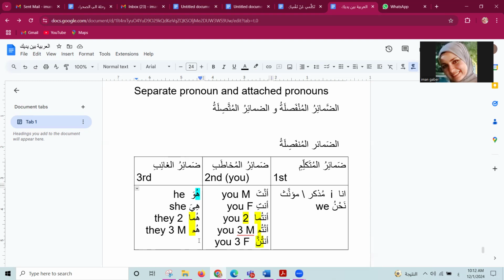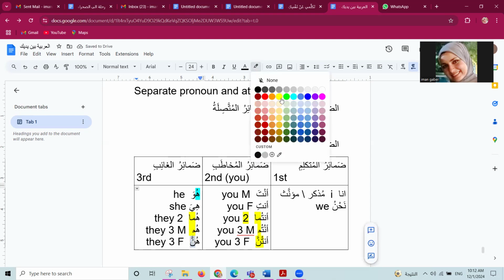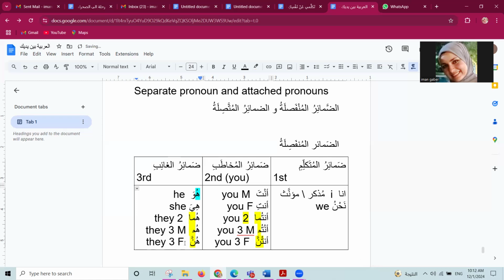So you can guess, right? هُ, نّ, and then na. That will be the pronoun, which means they, three females. Okay, so you'll find the same ending that comes at the end of the pronoun أنتن comes here also at the end of هن. And by this, it will be the whole list of the pronouns that we have in Arabic.